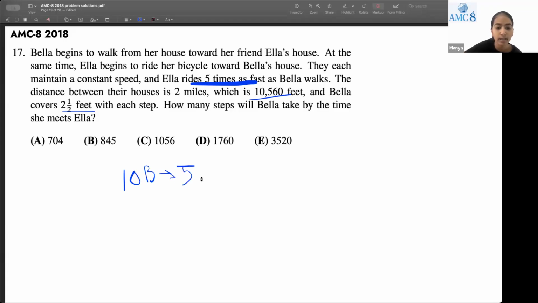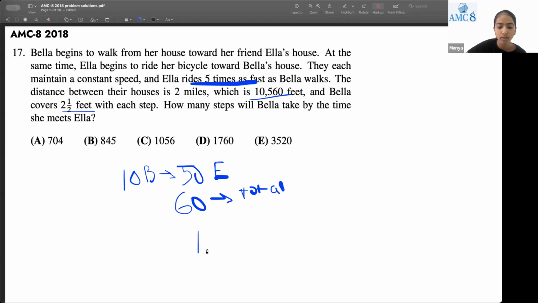So in total, that means they traveled 60 feet together. So 60 in total.